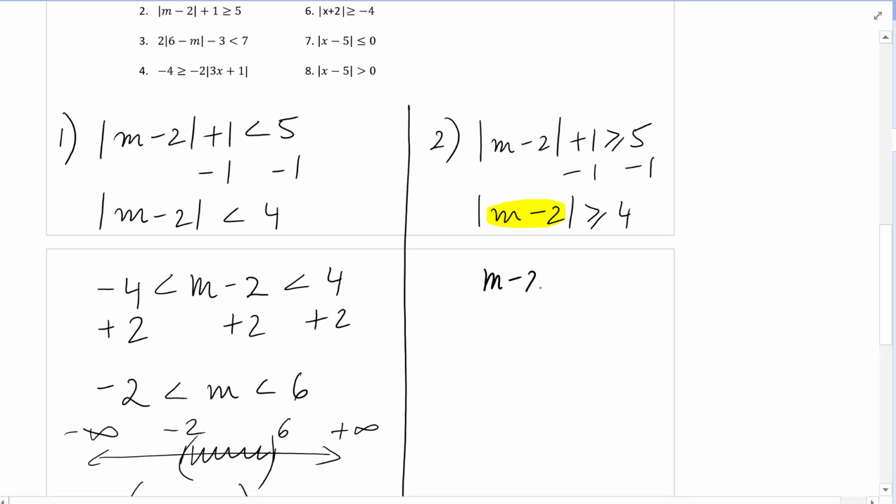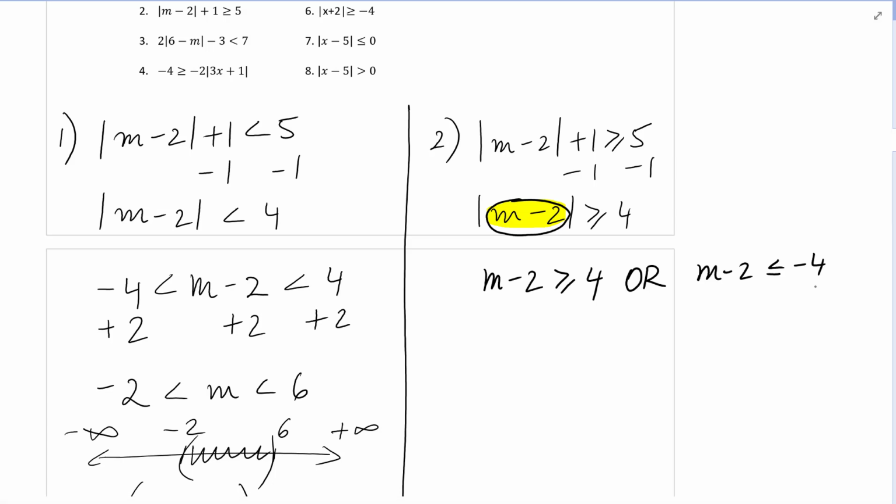So we are going to say m minus 2 greater than or equal to 4, right? So these numbers in here without the absolute value can be more than 4, or m minus 2 can be less than or equal to negative 4, because less than that is negative 5, negative 6, which in absolute value become values more than 4.